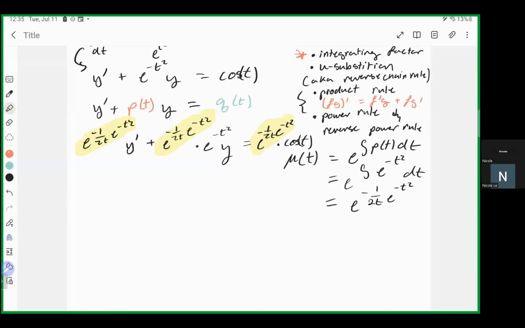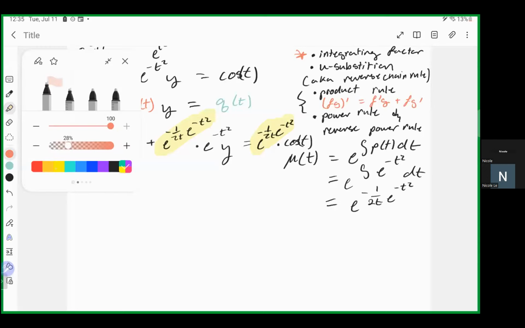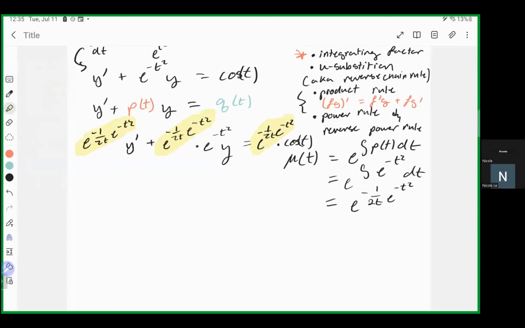Okay, now that we have that all written out, we can see it's simply just that equation before. It's the exact same thing, but we're multiplying every term by that integrating factor.